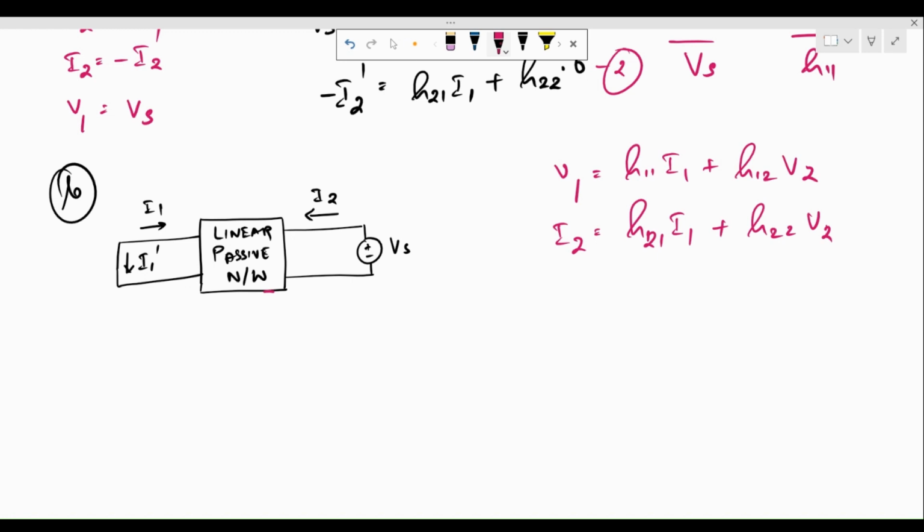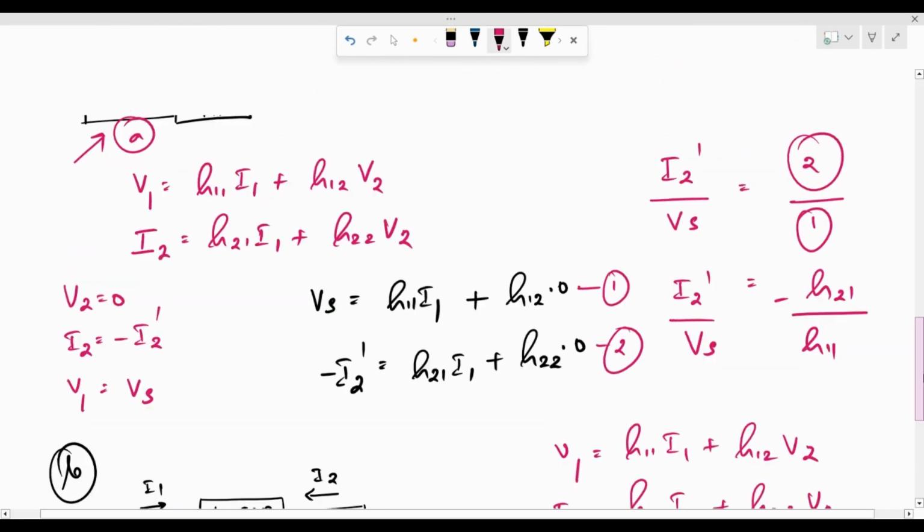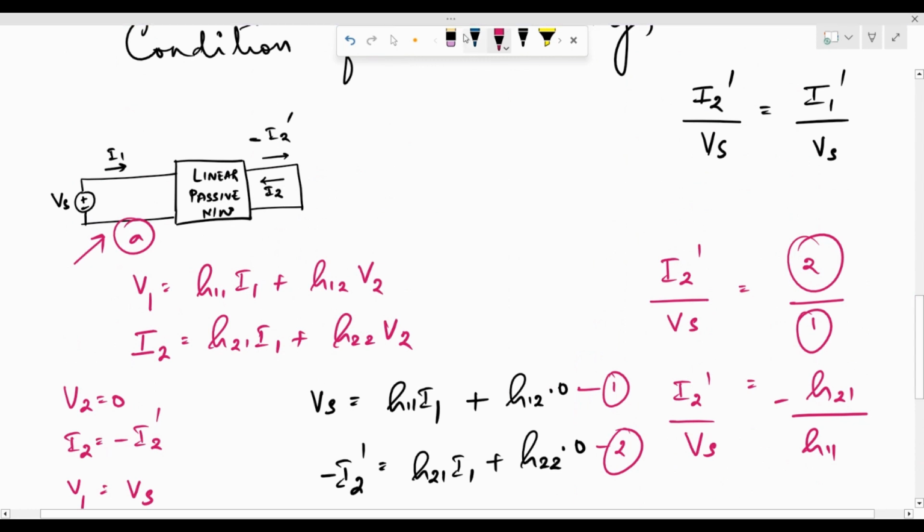Looking at this configuration, we see that V1 is equal to 0, V2 is equal to Vs, and I1, which is going into the network, is opposing I1 dash. So I'll call it minus I1 dash, which was exactly the scenario over here. So this is actually the direction of I2 going into the network, and I2 dash is opposing it, which is why we write I2 as minus I2 dash over here.